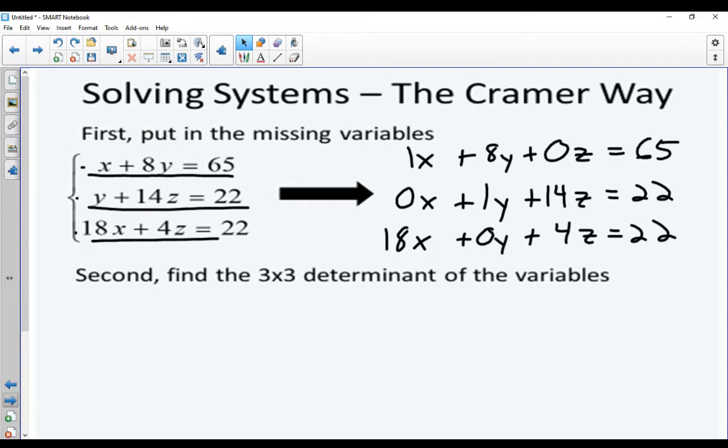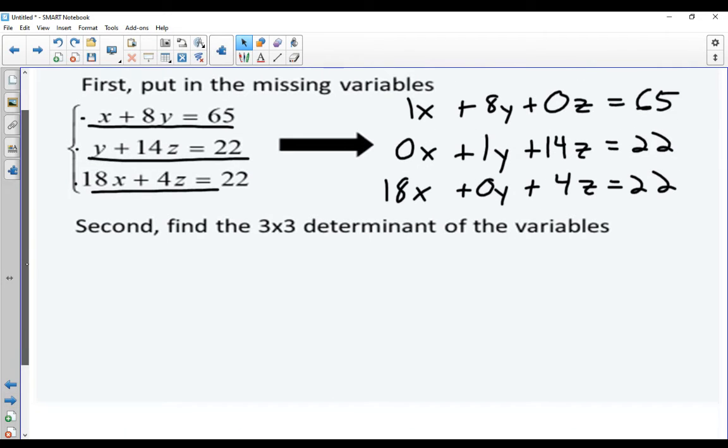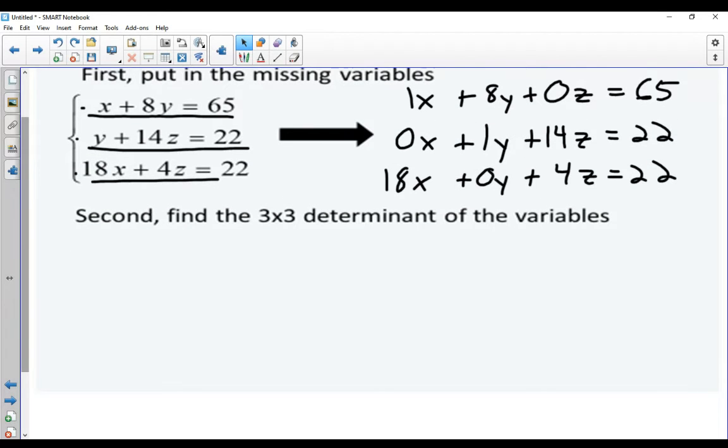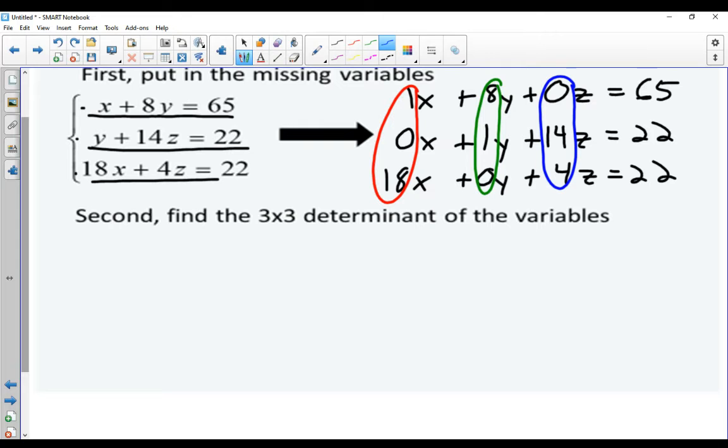That's step 1. The second step, I want you to find the determinant of the variables. Or in other words, take these numbers, then take these numbers, and we are going to make a 3x3 matrix and find the determinant. So let's do that.